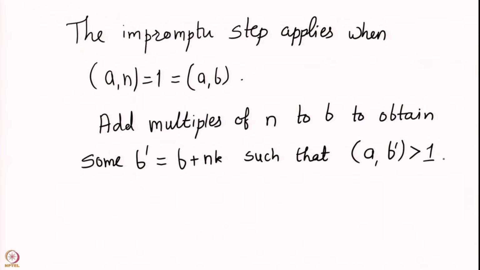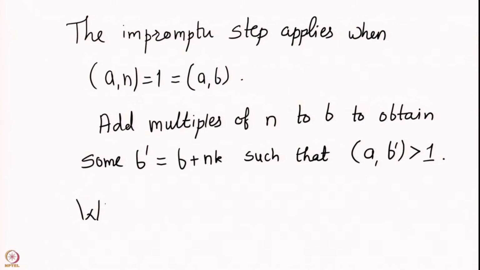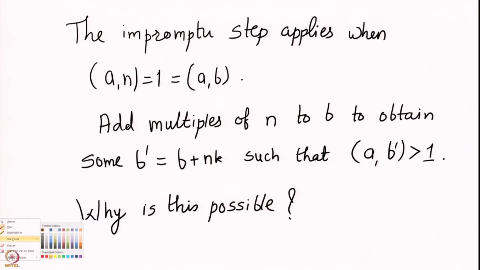But whenever we apply any such step, we should be able to prove that this is possible. So, the question is, why is this possible? That means, why should you be able to find this k such that you get the corresponding B prime and the GCD of A and B prime is bigger than 1.